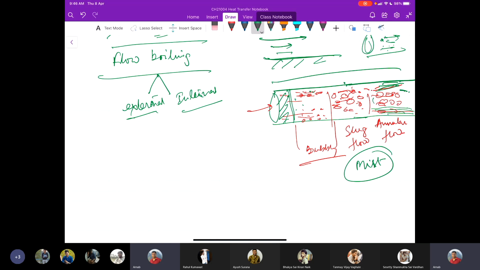Then you have bubbly flow, after the slug flow, then core annular flow. Then there would be a slight transition from this liquid vapor flow to a mist flow. And then again, once the mist is formed, it is kind of a forced convection containing a certain suspension of liquid fluid.